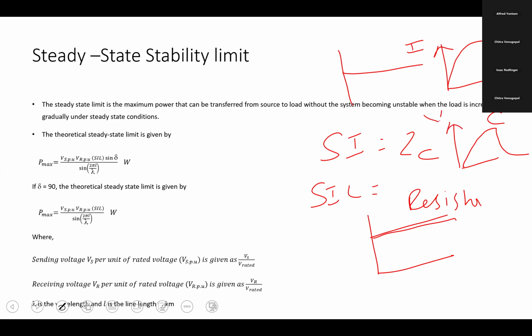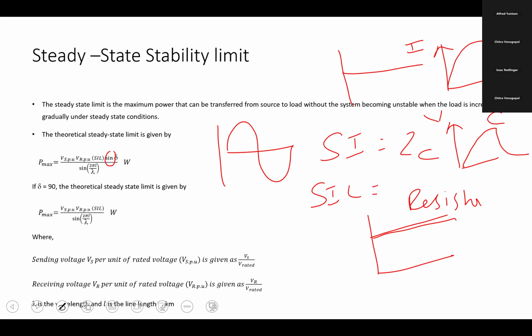But here, our transmission lines are a combination of inductors and capacitors. So both current and voltage will oscillate. They will go through exponential increase and exponential decrease, but when you put them together, they will go like this. That is how we get the sine wave for our waveform. That is why you are getting a sine in the equation, theoretically speaking.